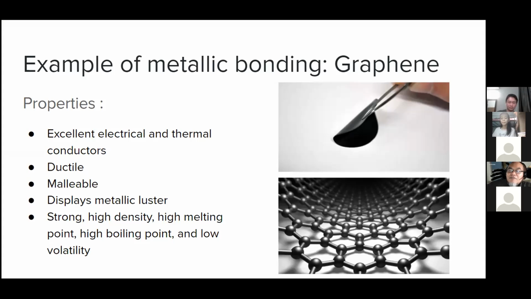So in the case of graphene, how can this charge carrier, the sea of electrons, occur in graphene, which normally maybe does not exist that much in carbon-based material?